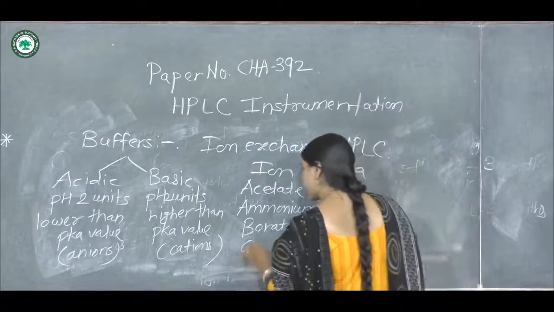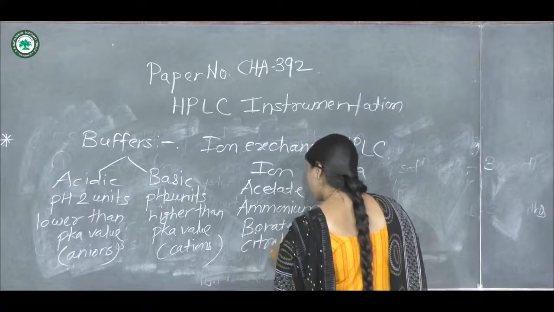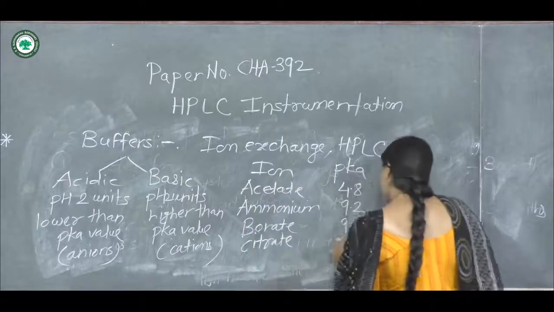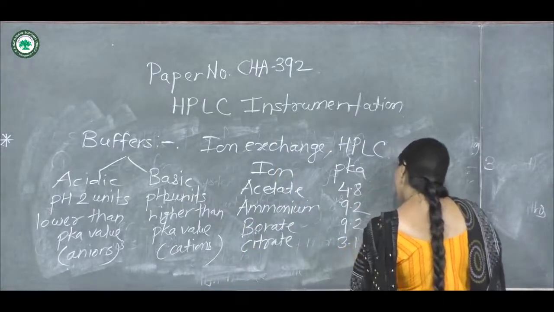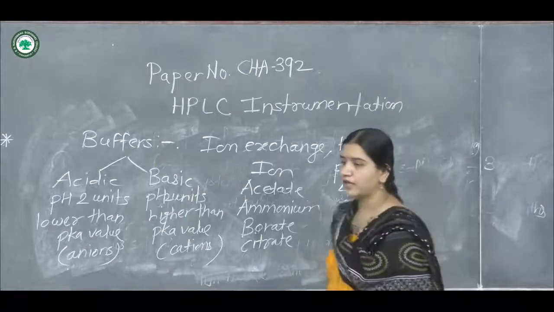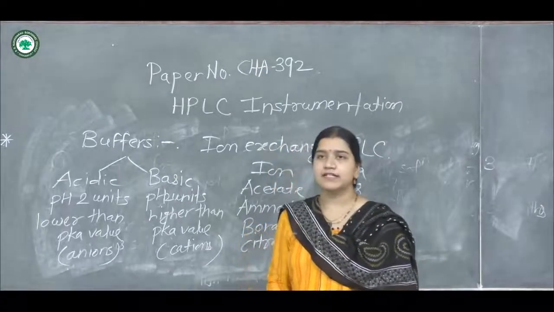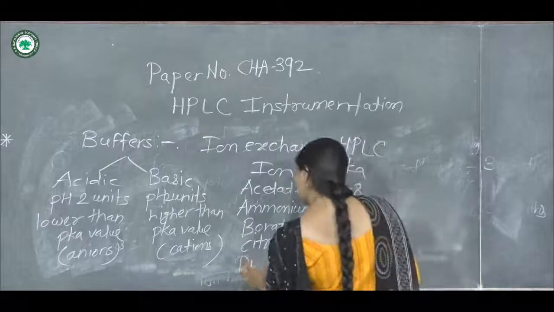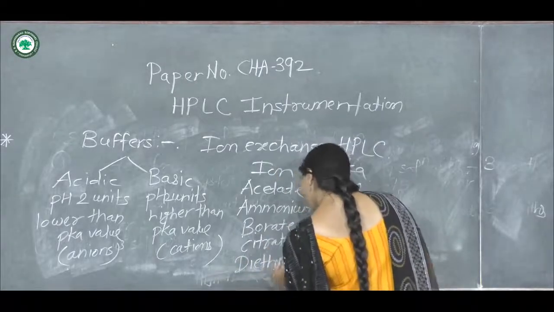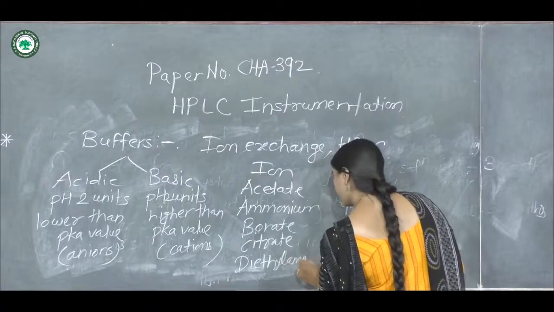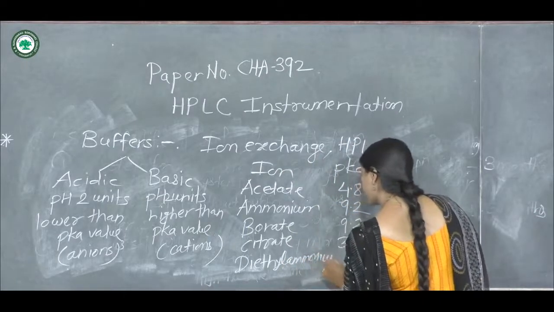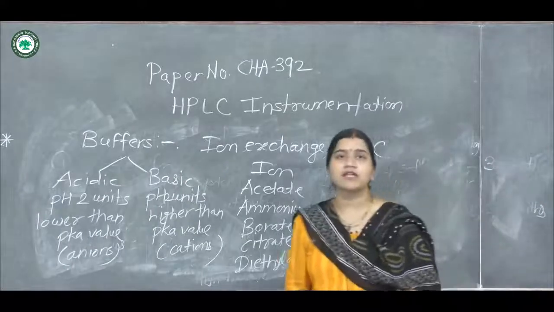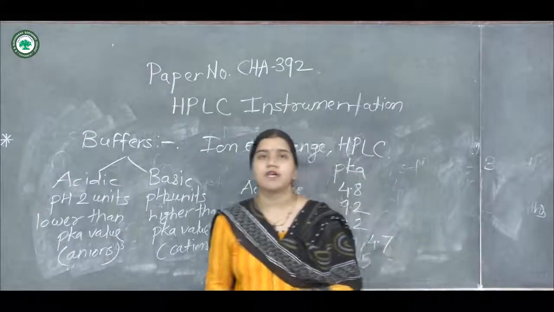Then for citrate ion it is 3.1 or 4.7. And lastly for diethyl ammonium it is 10.5. So this is about the different types of ion with their pKa value.